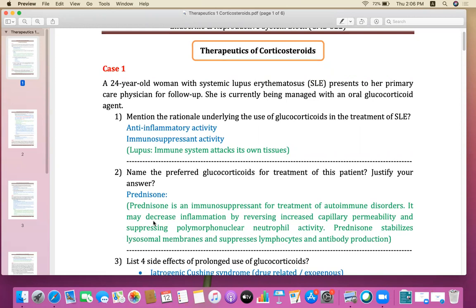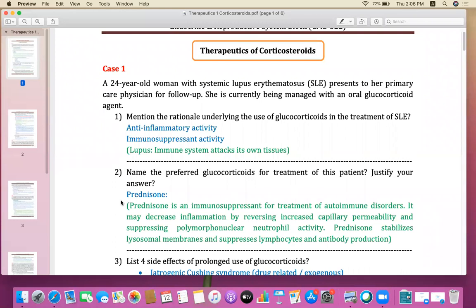It may decrease inflammation by reversing increased capillary permeability and suppressing polymorphonuclear neutrophil activity, that is PMN activity, and this prednisone stabilizes lysosomal membrane and suppresses lymphocyte and antibody production.